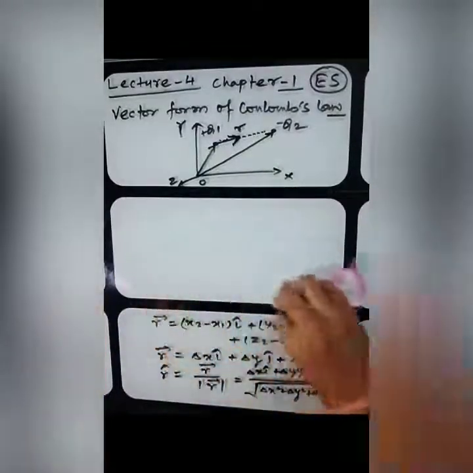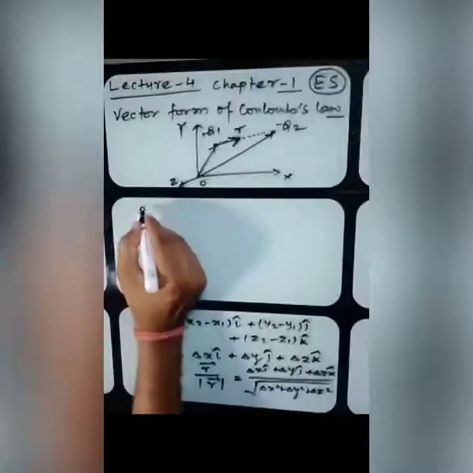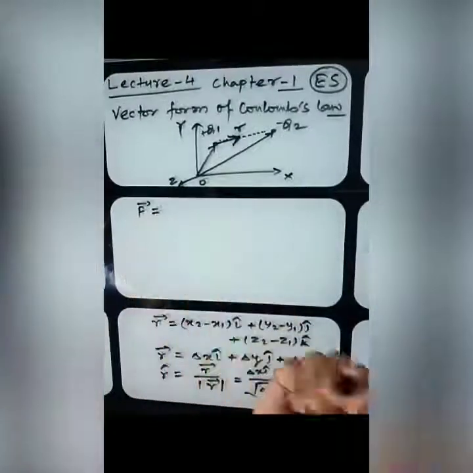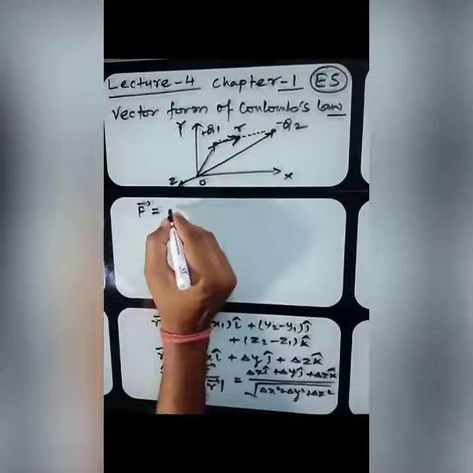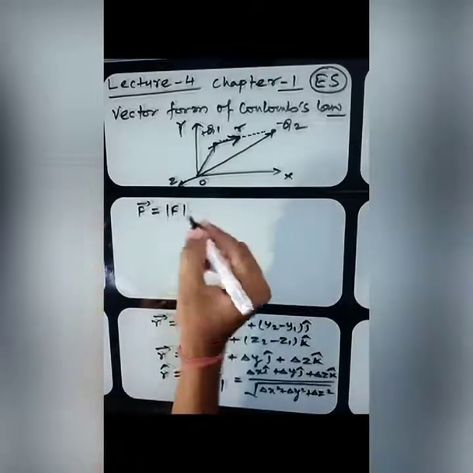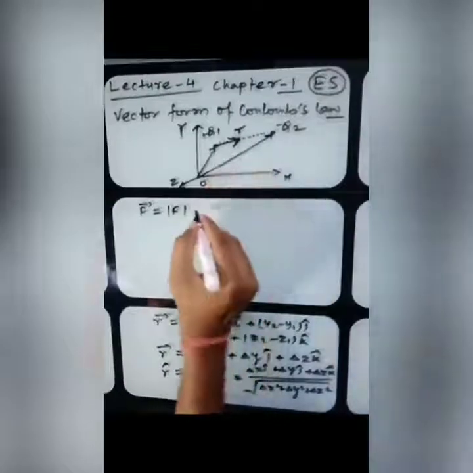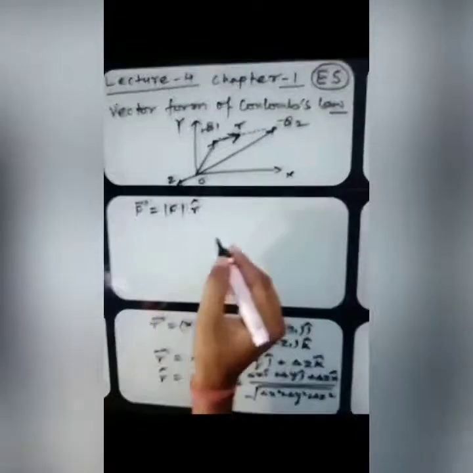We have to find the force on Q1 due to Q2. So in vector form, F can be written as the magnitude of force and the direction of force. The direction of force is along the r cap.